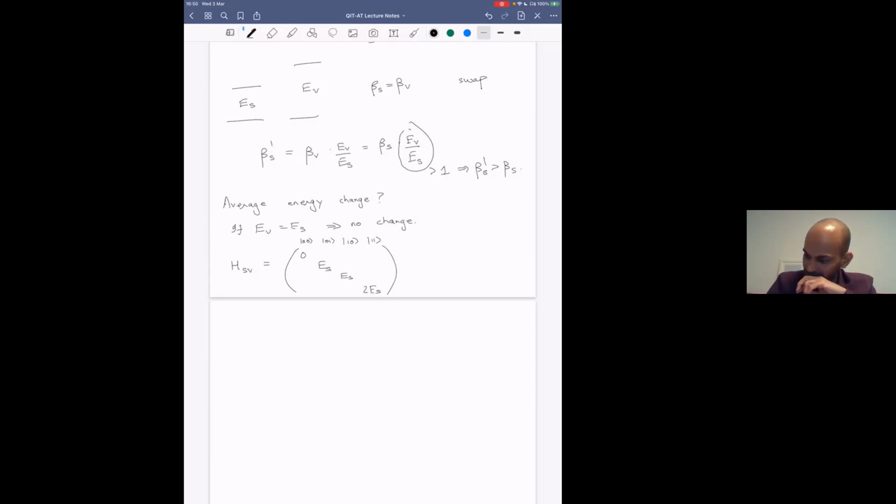So what we see is that we have a degenerate subspace here. And of course, combined with the knowledge that U is the swap matrix, what we immediately see is that the unitary is only non-trivial in that degenerate subspace. And this is the same as saying that HSV and U swap commute if ES is equal to EV, which kind of makes sense if you think about it intuitively.